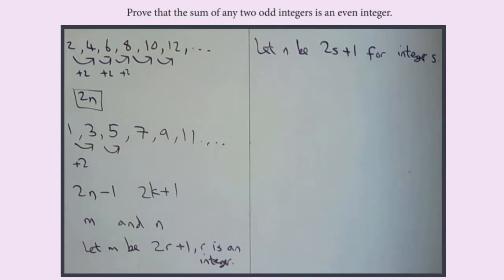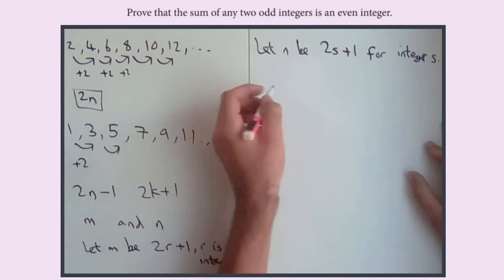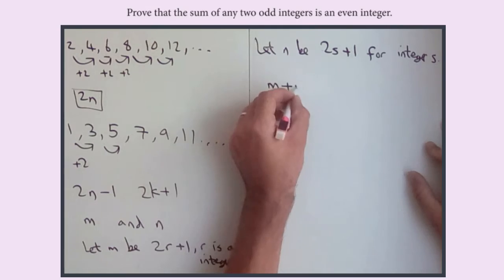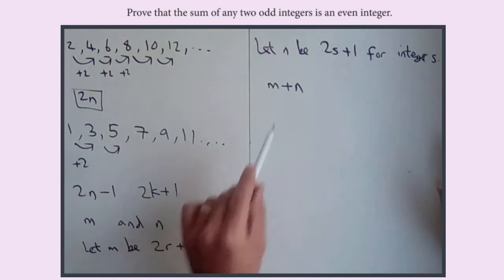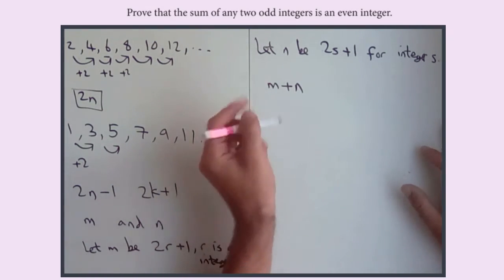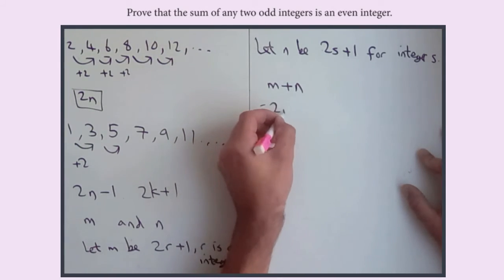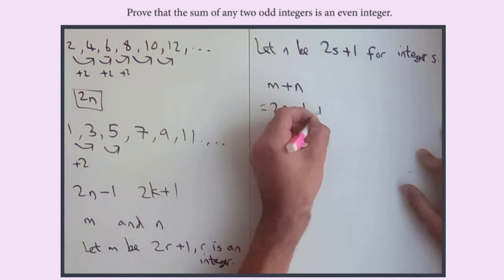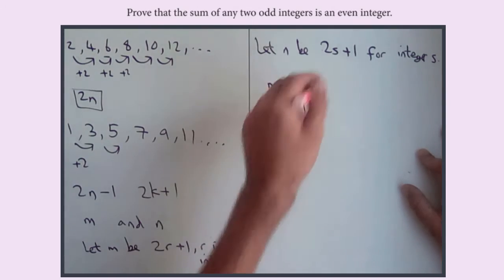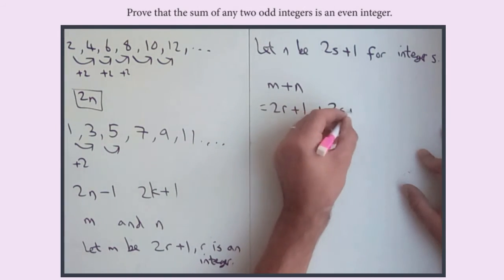s. Right, so then that would mean that m plus n, i.e. the sum of the 2 odd numbers, would be, well, m we said was 2r plus 1, plus n was 2s plus 1.